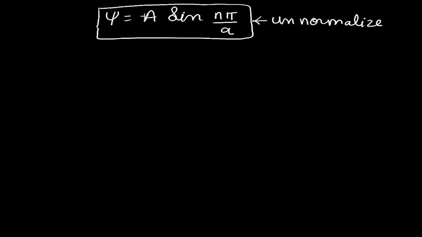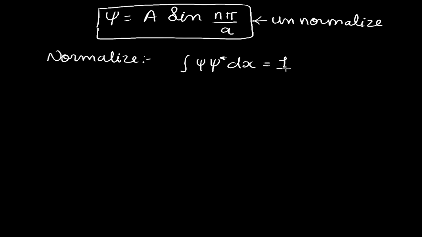So we need to normalize this wave function, and we know the condition for normalization, that is the integration of psi into psi star dx, and when this is equal to 1, then the wave function is normalized.